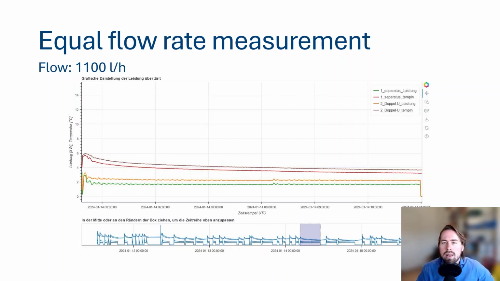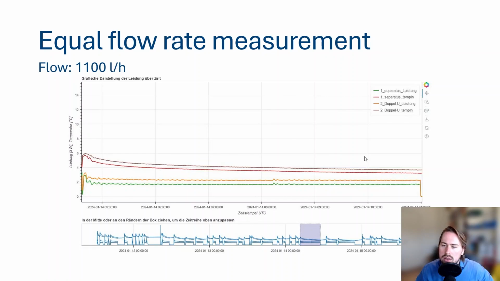Then they looked at the longest continuous runtime of the heat pump, which is the one in close-up here. Now the figure is in German, but what you can see is that the yellow and the green line are for the Leistung, which is the heat extraction, the power for both Separatus and the double U-tube.